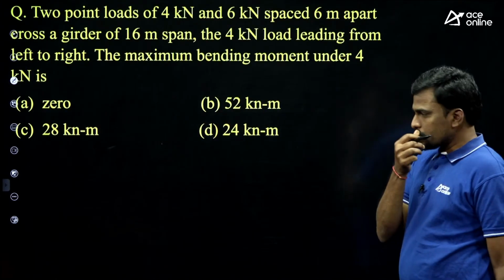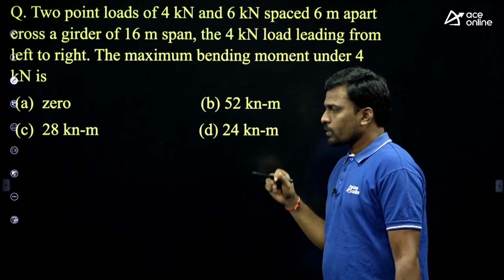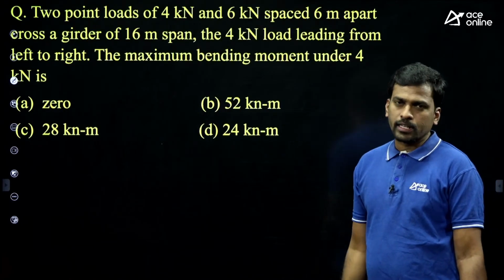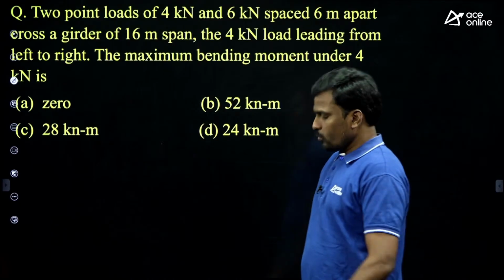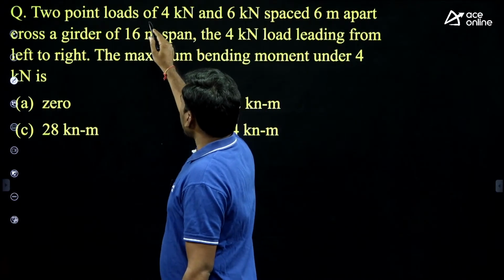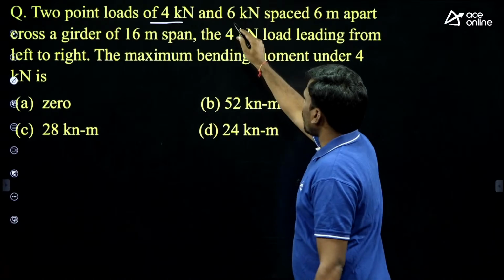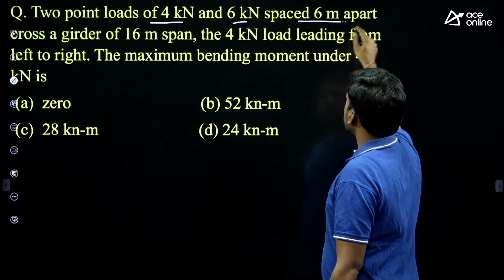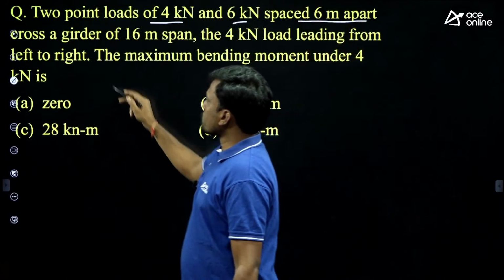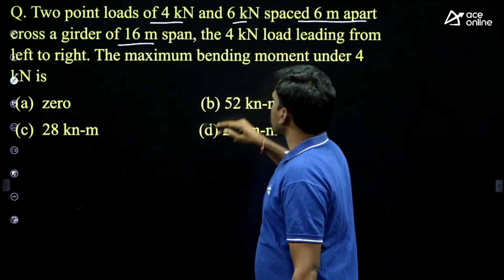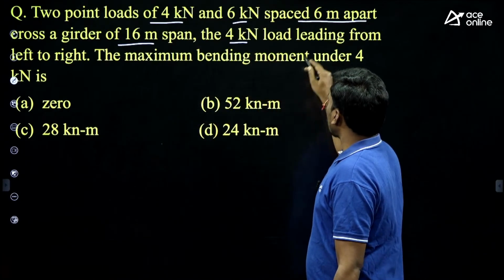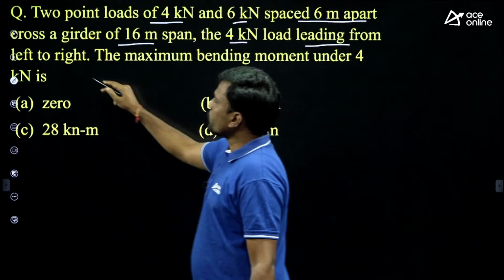Okay, next question. This is the question from rolling loads and influence lines, ILD. What are they asking? 2 point loads of 4 kilonewton and 6 kilonewton spaced 6 meter apart cross a girder of 16 meter span. The 4 kilonewton load is leading from left to right.